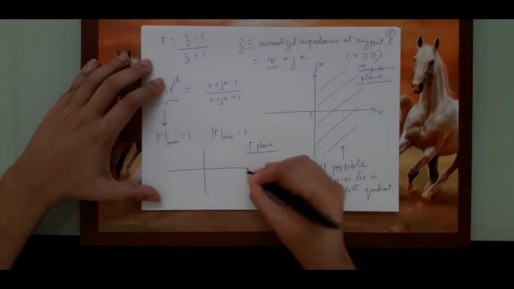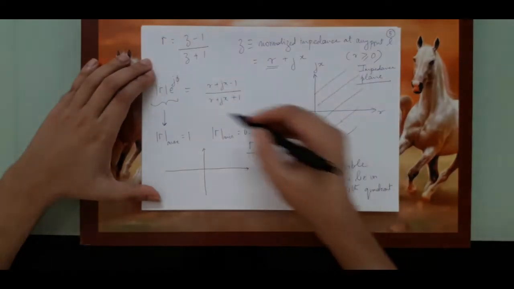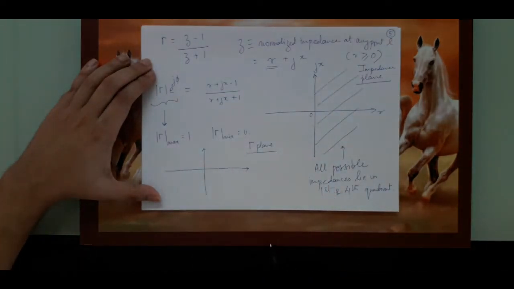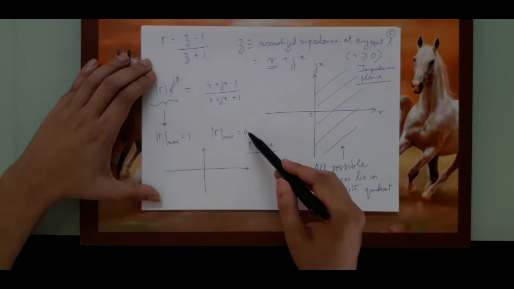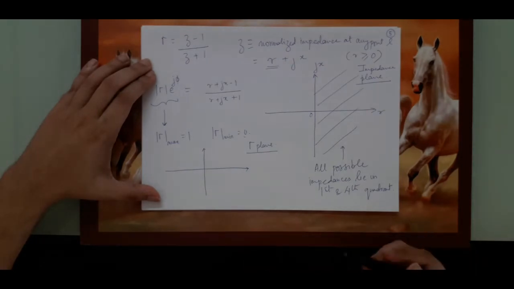This is real, this is imaginary. I can say that all values of gamma will lie between 0 and 1 because we have proved that. We know that because of this relation, the range of values which gamma can take have a bound. But where can the gamma values lie?